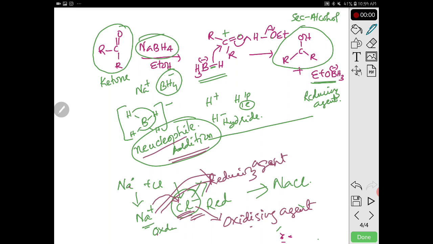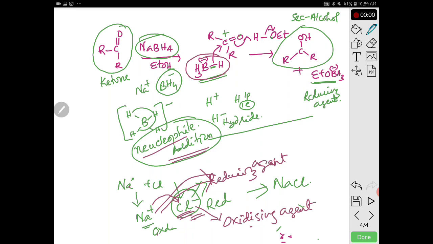And what determines the chemoselectivity, if you ask? It is the electrophilicity of this compound, because we are discussing a series of organic compounds which contain a carbonyl group. So the electrophilicity matters, and this is a nucleophile. It is the electrophilic nature of the carbonyl compound that determines the selection of the reducing agent.